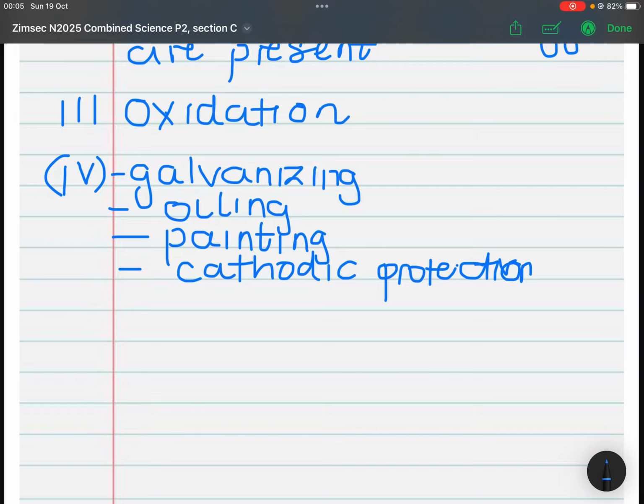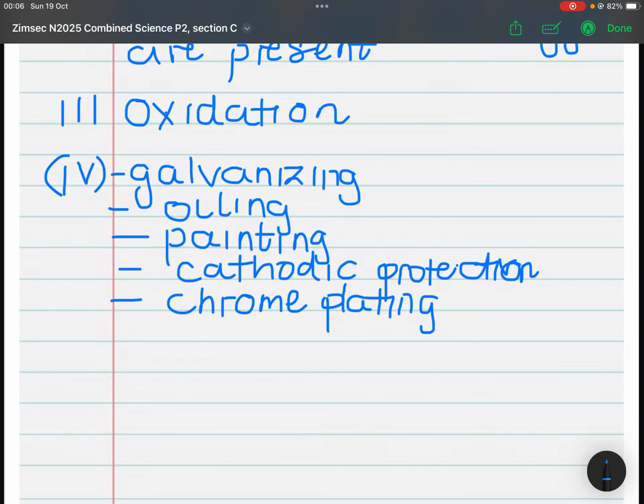And then lastly, we have chrome plating or electroplating, right? So these are some of the methods of preventing rusting. I didn't exhaust all. We have galvanizing, oiling, painting, cathodic protection, and also chrome plating, or we can talk about electroplating. These are methods of preventing rusting.